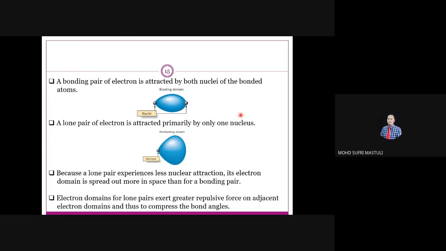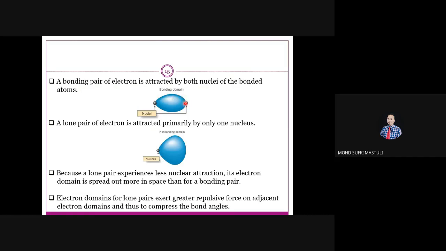This is the explanation. A bonding pair of electrons is attracted by both nuclei of the bonded atoms. The electron from this atom is attracted to the nucleus of this atom, negative, positive, and then the electron from this atom, negatively charged, will be attracted to the positive charge of the nucleus of the other atom.